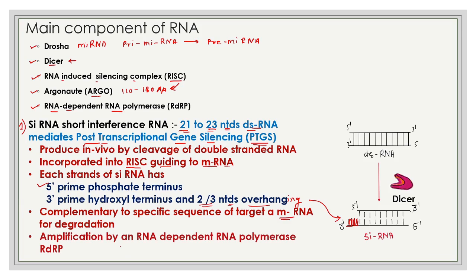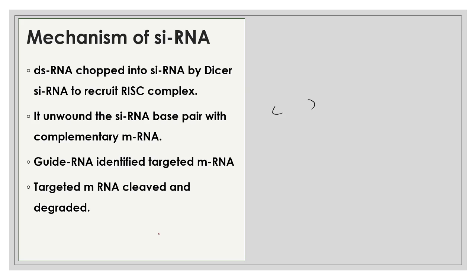Amplification of that RNA is carried out by RNA-dependent RNA polymerase, that is RDRP. Next, now we see the mechanism of siRNA, or small interfering RNA.